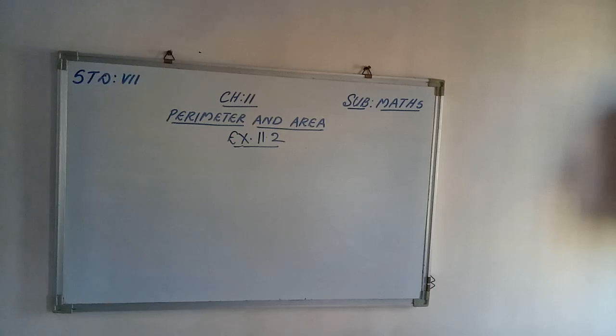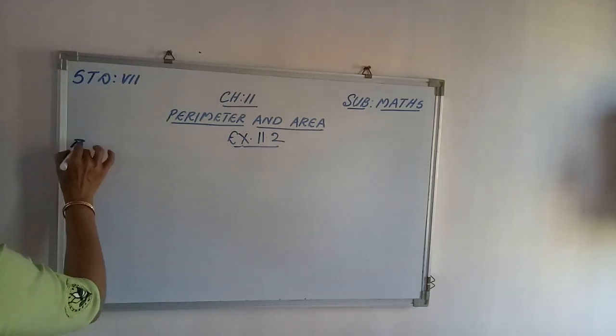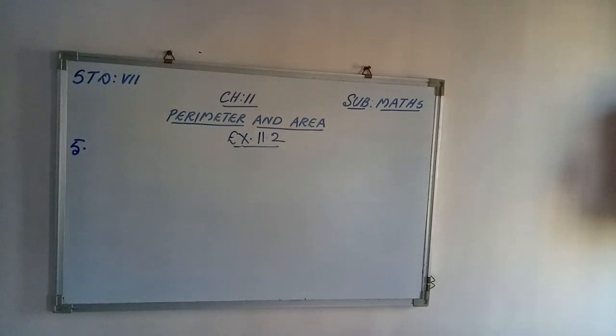Now, next question, that is question number 5. Listen to the textbook. I'll read the question and explain. There is one parallelogram given, PQRS, and the figure is given in the book.